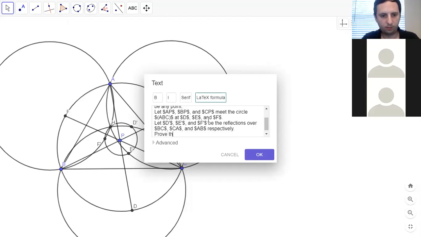Prove that H, F prime, E prime, D prime is cyclic.